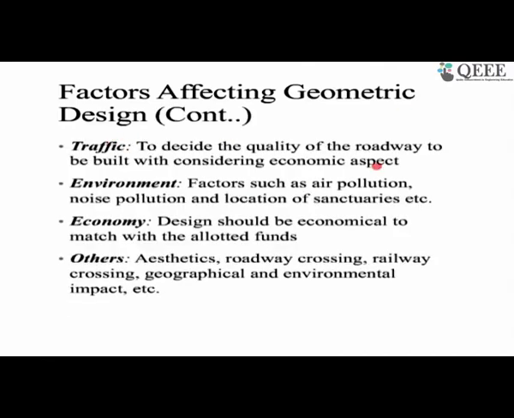Now the other factors are traffic. So if you're designing a highway where you have a lot of traffic, you need more lanes. So the level of service and all those things, traffic plays a major factor there, and the quality of the road, and the environmental factor. So how much air pollution and noise pollution is going to happen.